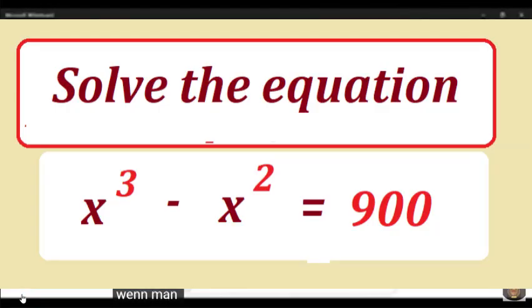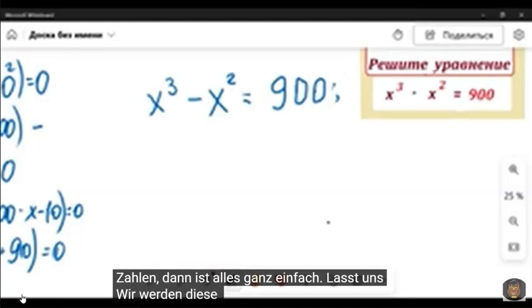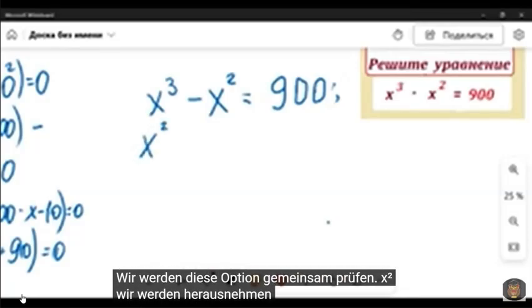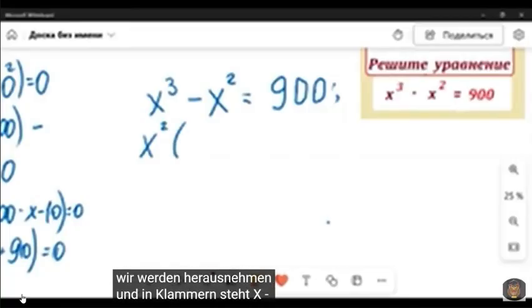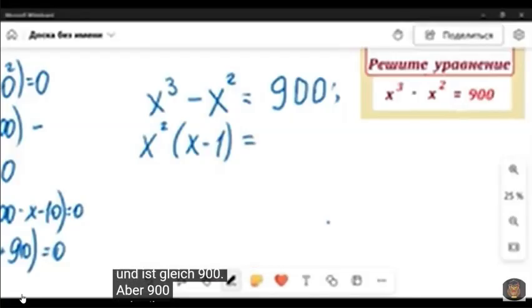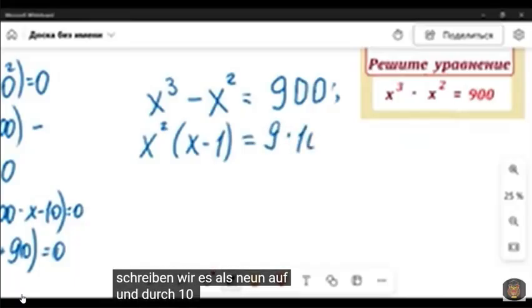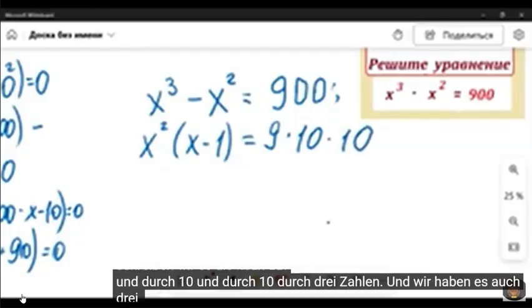Therefore, if it were said that in whole numbers, then everything is very simple here. Let us look at this option with you. We will take out x squared, and in brackets there will be x minus 1, equal to 900. Let's write 900 as 9 times 10 times 10, three numbers.